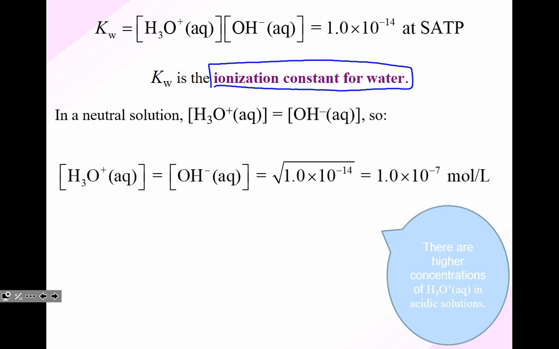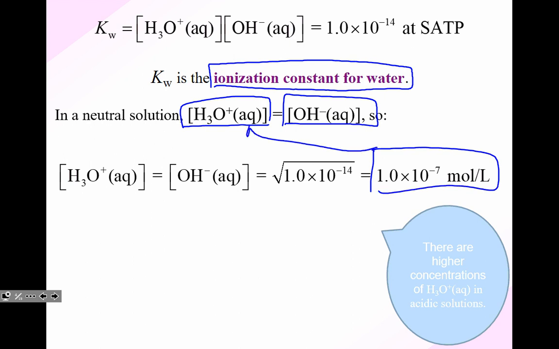In a neutral solution, we would say that the hydronium ion concentration is equal to the hydroxide ion concentration, which makes sense, right, kiddos? Which means that in a neutral situation, the hydronium ion and the hydroxide ion are each 1.0 times 10 to the negative 7 moles per liter.